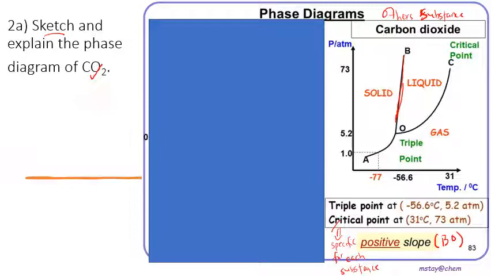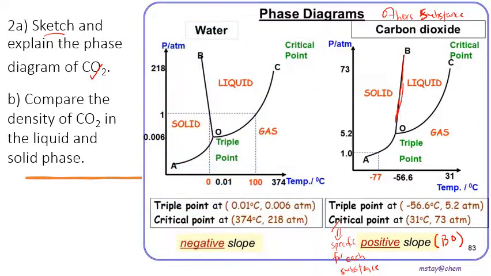Now let's look at the phase diagram of water. Basically, we will notice that the BO line for water is a negative slope. So this is the main difference between the phase diagram of water and carbon dioxide.